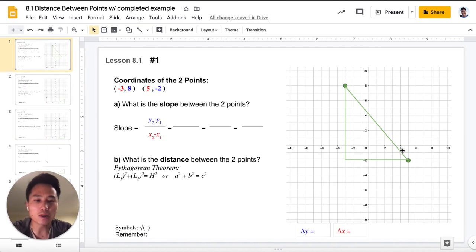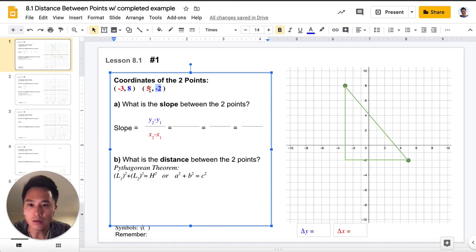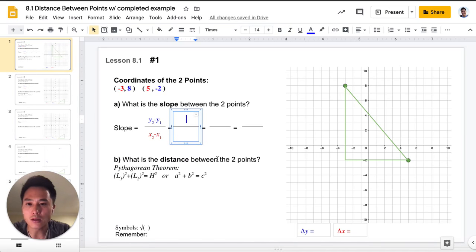This slope triangle helps us see what the slope is, and it helps us calculate what the distance is between those 2 points. So remember, slope is the difference between the two y values, y2 minus y1. So y2 is this y value right here, -2, and y1 is this y value of this point, which is 8. So I'll say the slope, y2 minus y1, that's -2 minus 8.